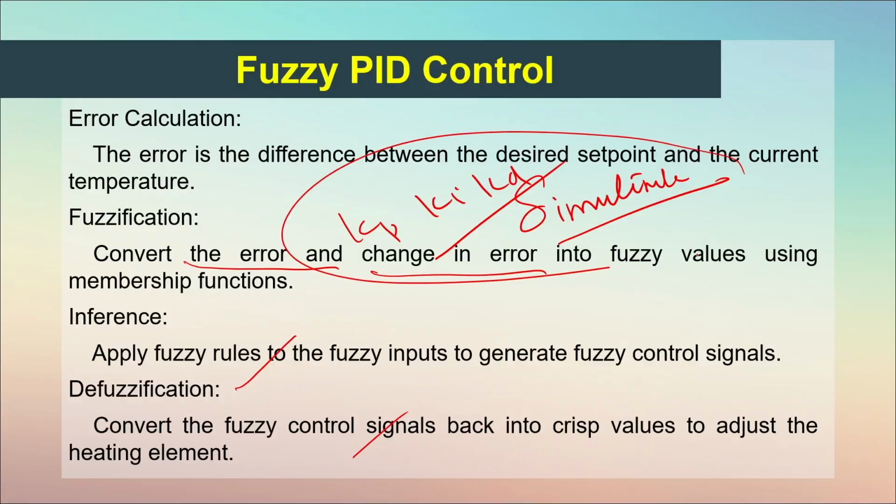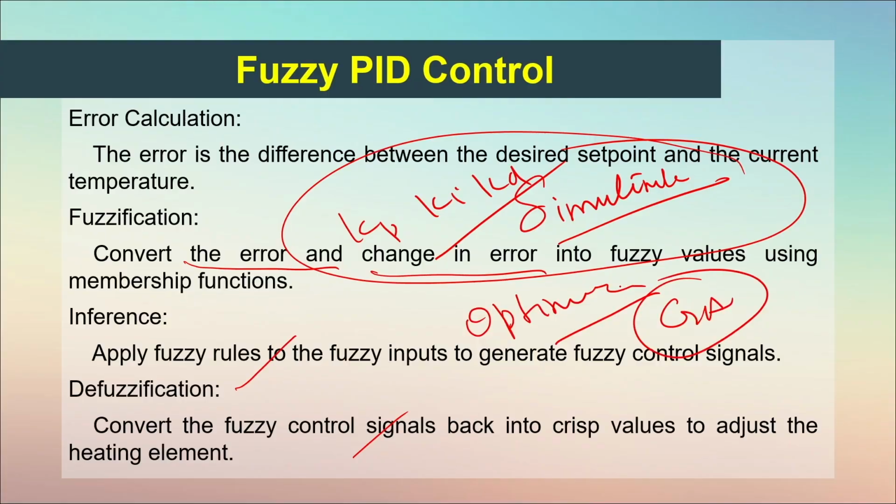If you are not able to set the KP, KI, KD values, and you want to tune them and observe at what optimal values of KP, KI, KD the system is executing properly, then the problem of finding suitable values for KP, KI, KD can be treated as an optimization problem, and the genetic algorithm can be used in that place.